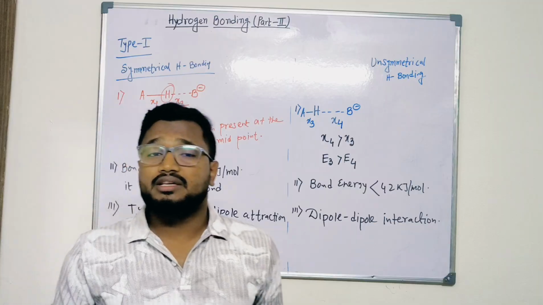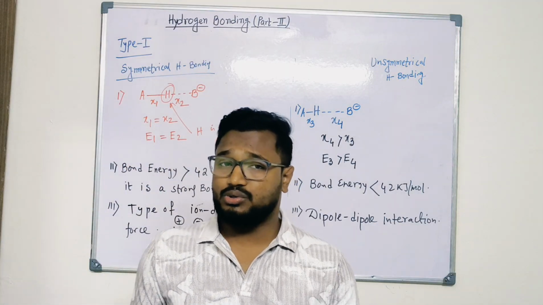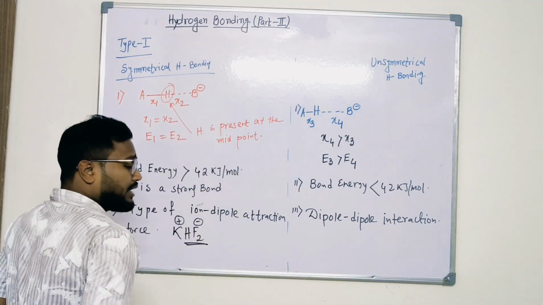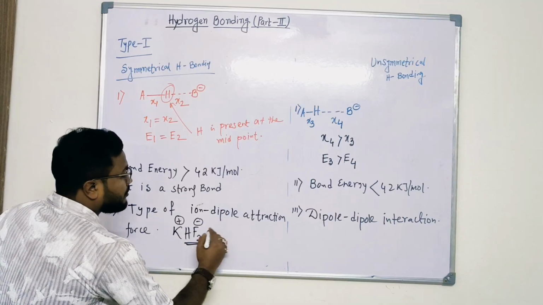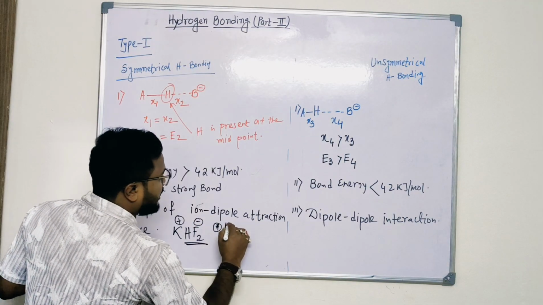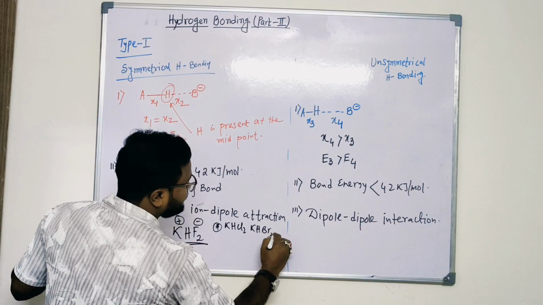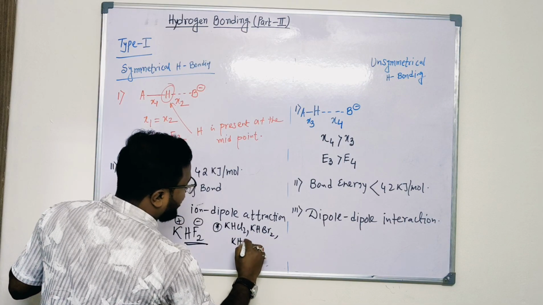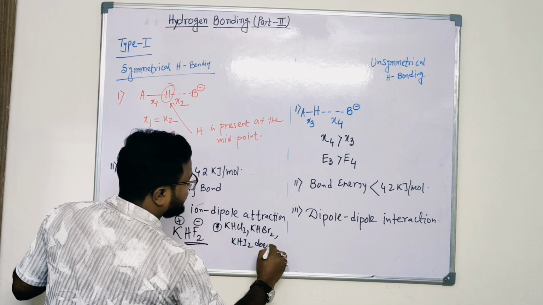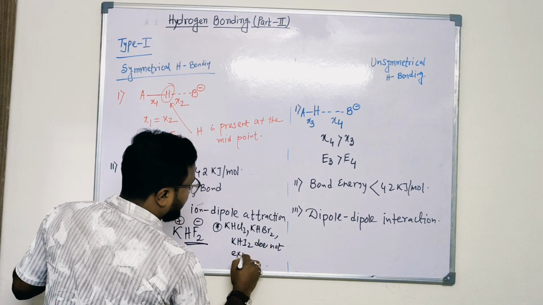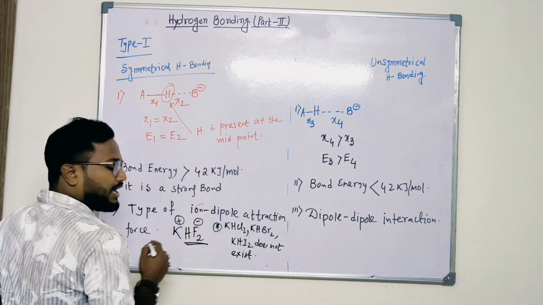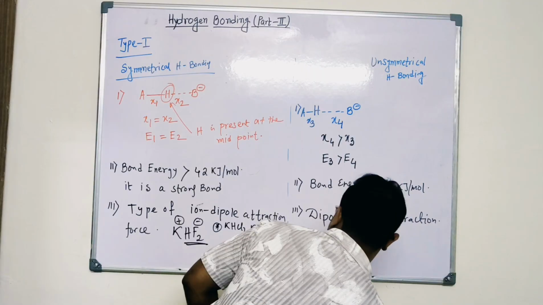HF2 minus is the strongest hydrogen bonding found. KHCl2, KHBr2 and KHI2 do not exist, but KHF2 exists. Why is that so? Let's check.